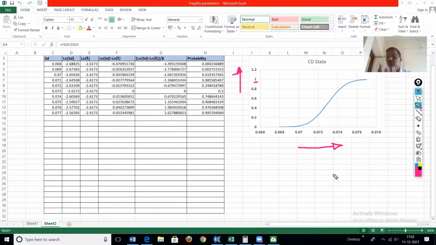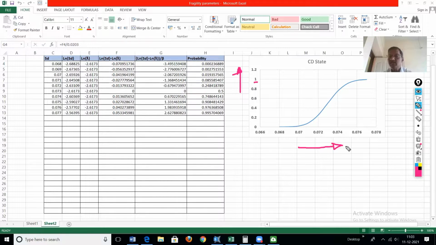So seismic intensity can be expressed by different parameters. Choose any one which is appropriate for your study, and that parameter should be selected and taken on the x-axis.